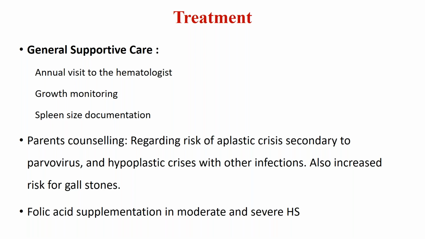Okay, so folic acid supplementation is also given, and counseling of the parents, including genetic counseling for future siblings. Then there can also be aplastic crisis secondary to various viral infections, mostly parvovirus, where the bone marrow has a complete shutdown.